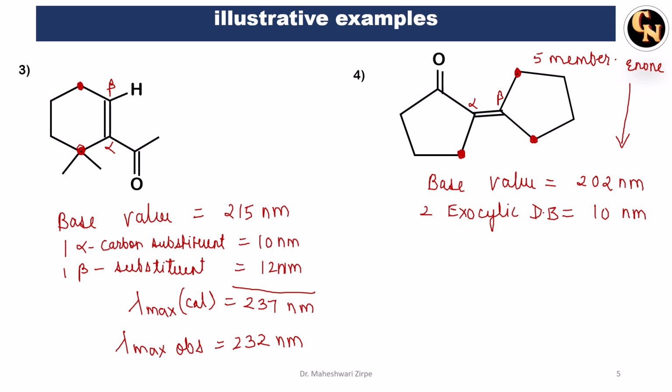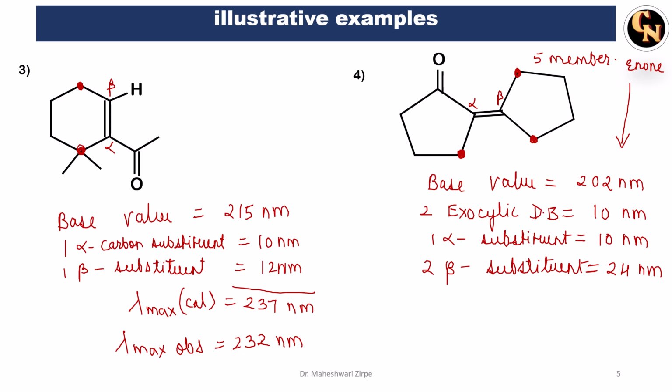So for one alpha substituent, how much are we going to add, students? We are going to add 10 nanometers. And there are two beta substituents. For one beta substituent, how much do we add? 12. So here we are going to add 24 nanometers.